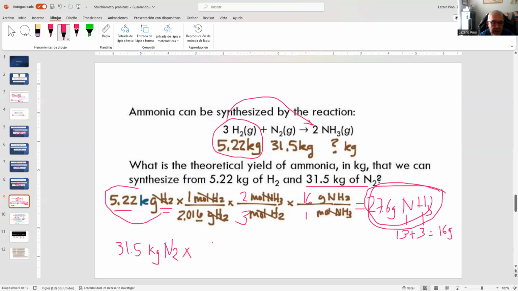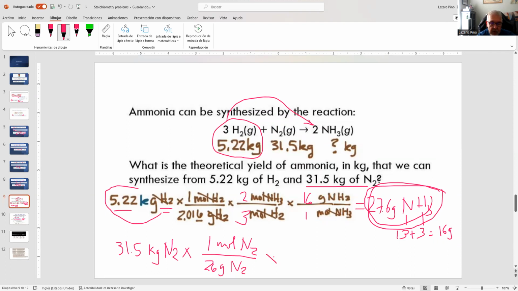And you know that 1 mole of nitrogen is 26 grams of nitrogen, because it's the diatomic molecule, okay?